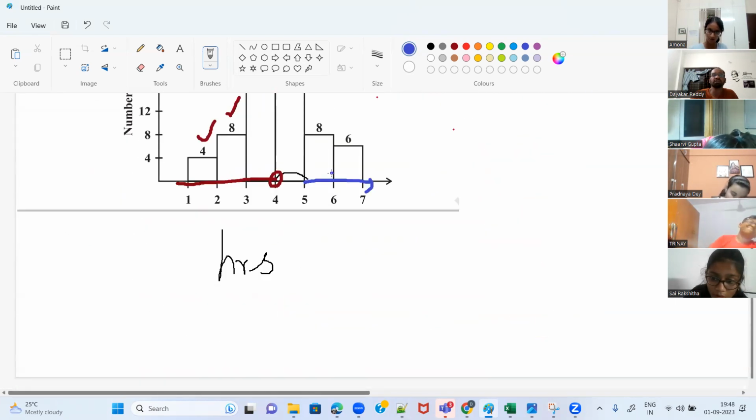You can see the thing. This is 8 plus 6, that is 14. Equal to 14. 8 plus 6 equal to 14.